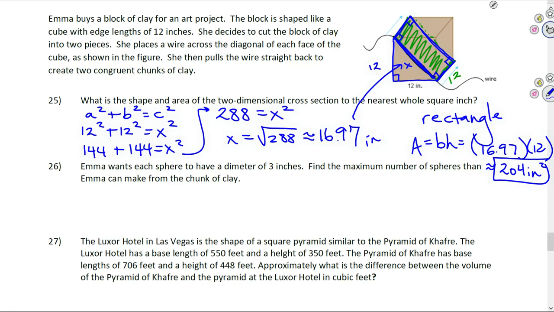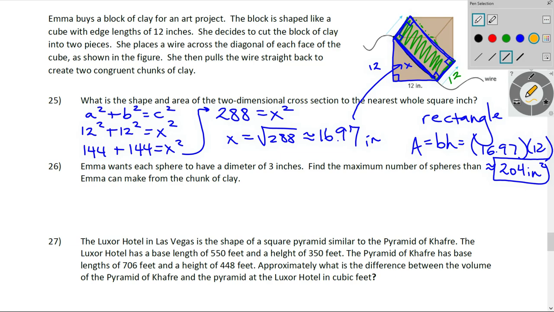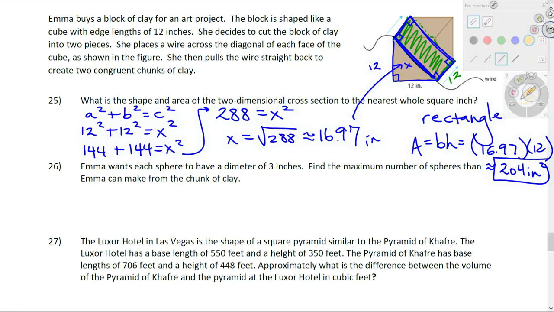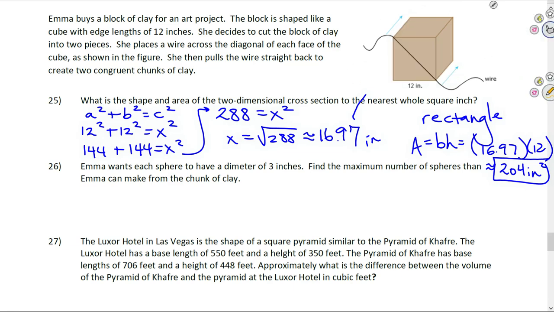Okay. Now, some of the confusion has happened in that students are trying to use this 204 number in 26, and actually you have to kind of brain dump 25 before you do 26. So I will not use anything I did for 25, except the fact that I cut it in half. So I'm going to go back to basics here. I've now cut it in half, right?